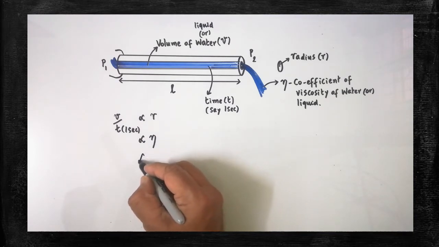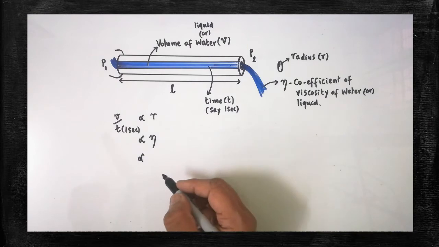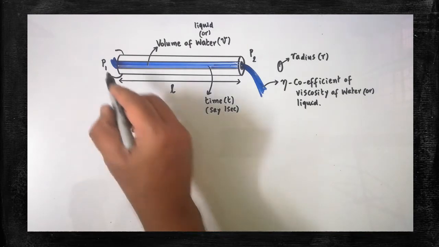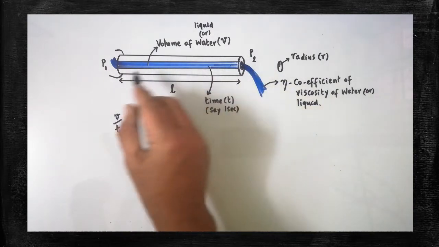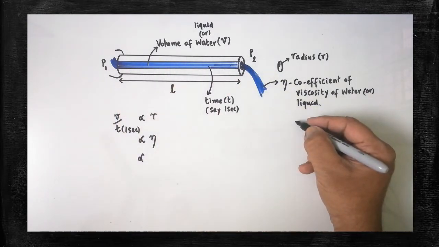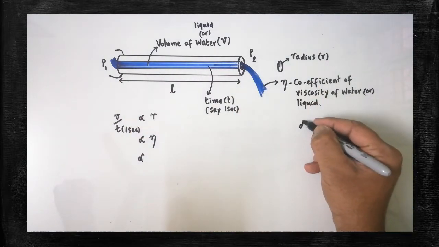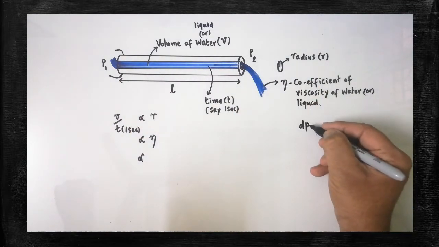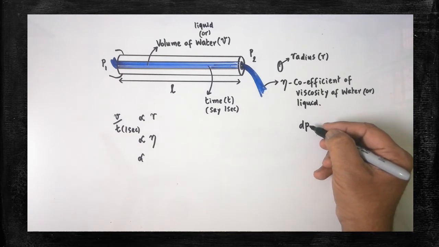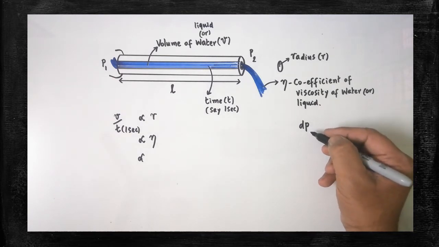The third factor is the pressure gradient. You should know what pressure gradient is. It means the pressure difference between these two points. Here the pressure is P1, here P2. So the pressure difference can be taken as dP. Gradient means the pressure difference measured with respect to the distance.